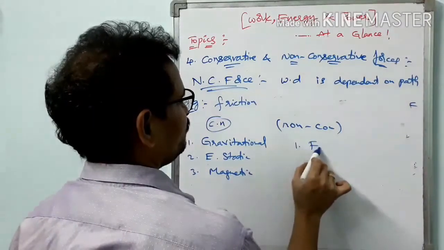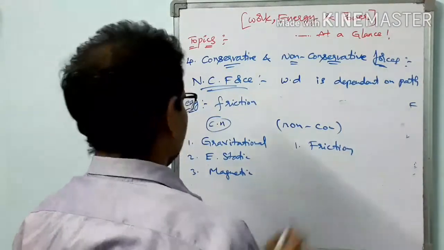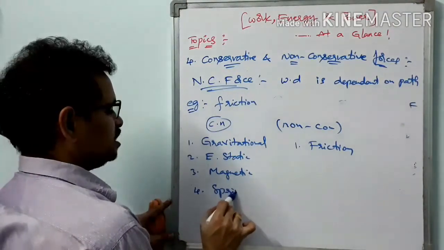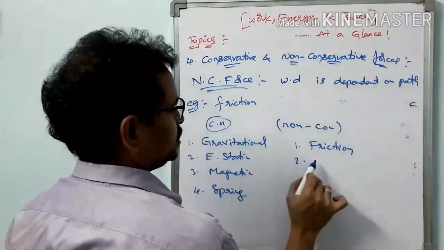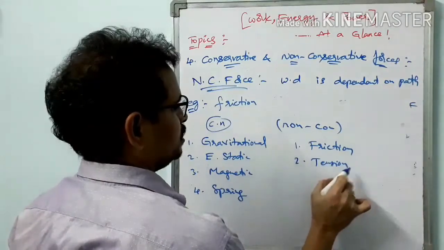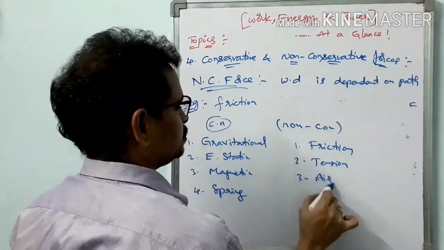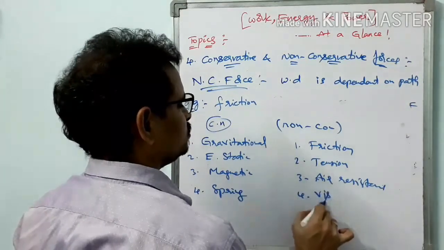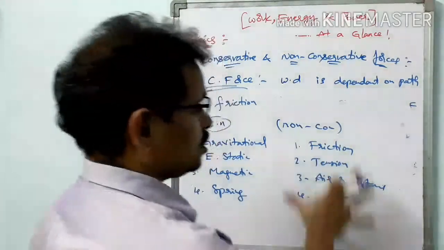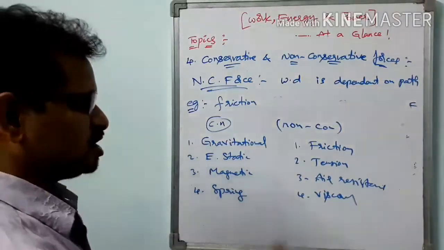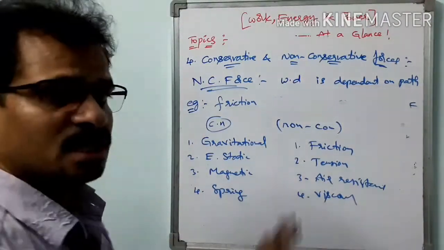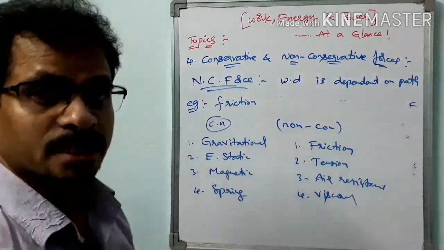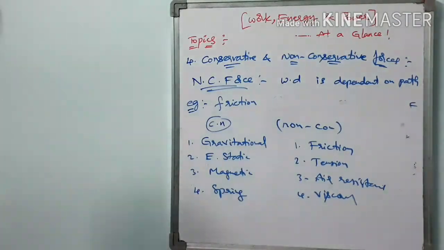The spring force also is conservative. Friction, tension, air resistance, viscous force, all these are non-conservative forces, while gravitational, electrostatic, magnetic and spring forces are conservative forces. Got it? Yes.